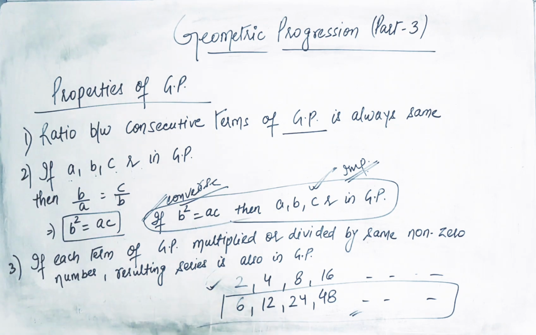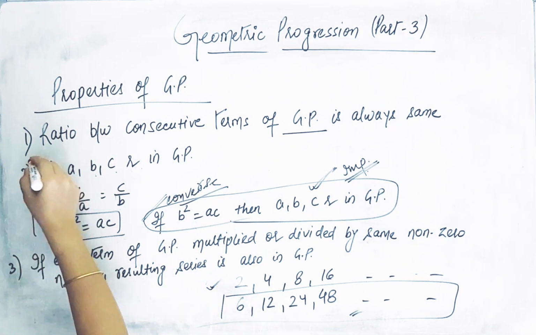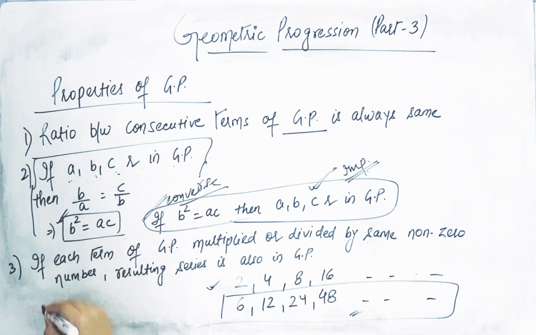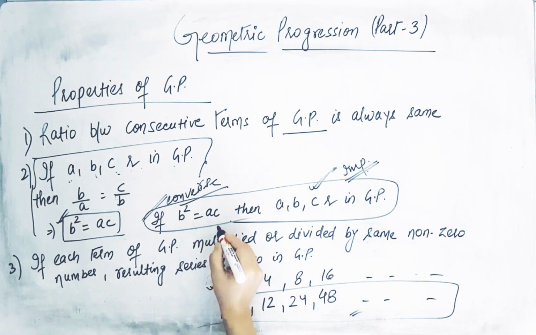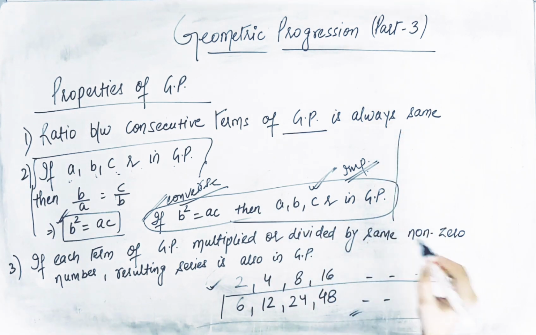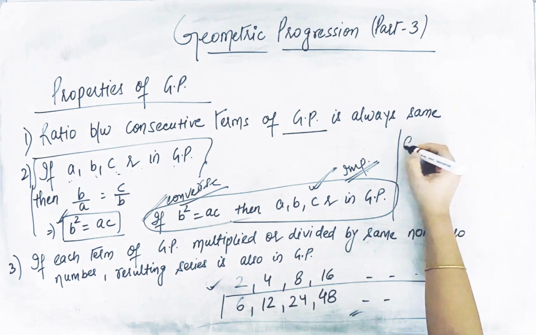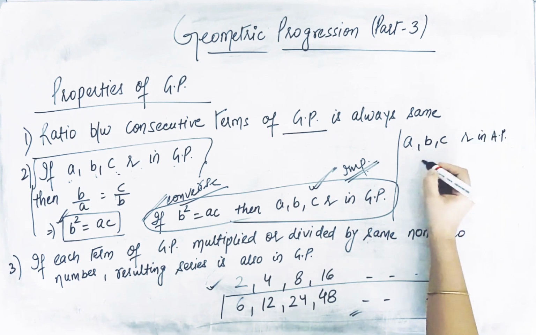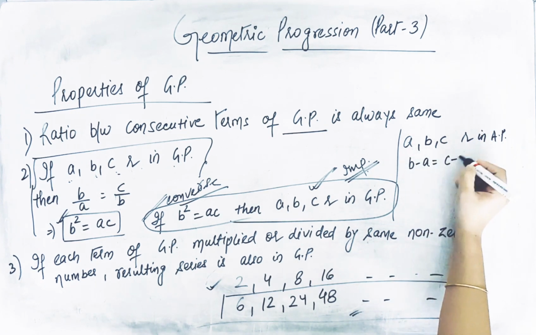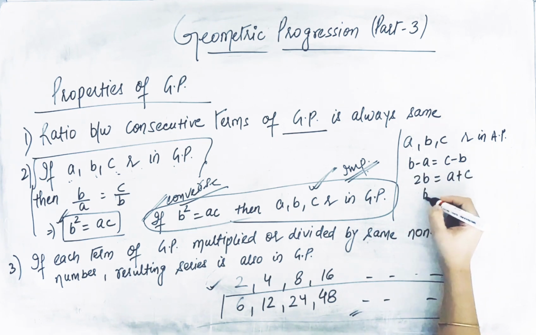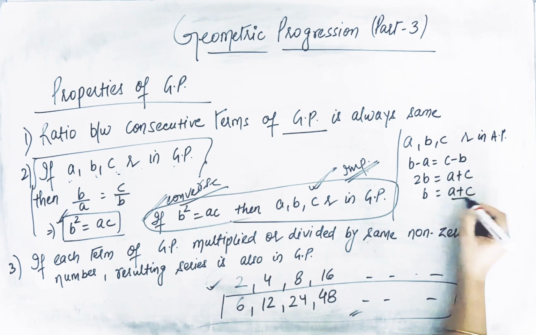But the very important property which is used in questions is this. If A, B, C are in GP, we can write B square is equal to AC, and if we have proved that B square is equal to AC, then A, B, C are in GP. One similar property we studied in arithmetic progression, that was if A, B, C are in AP, we can write B minus A is equal to C minus B, thus 2B is equal to A plus C, thus B is equal to (A plus C) by 2.